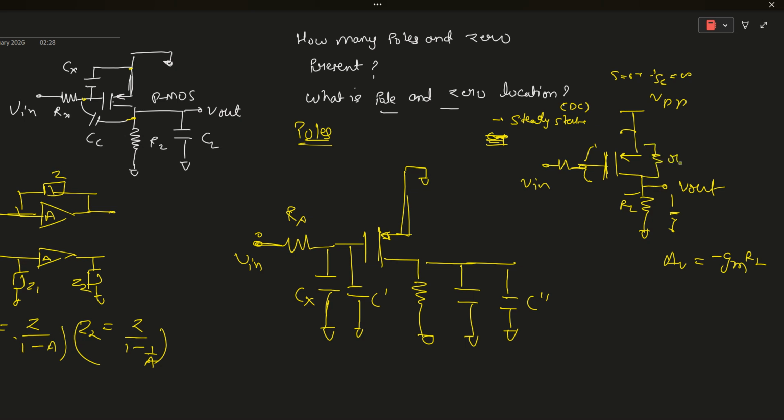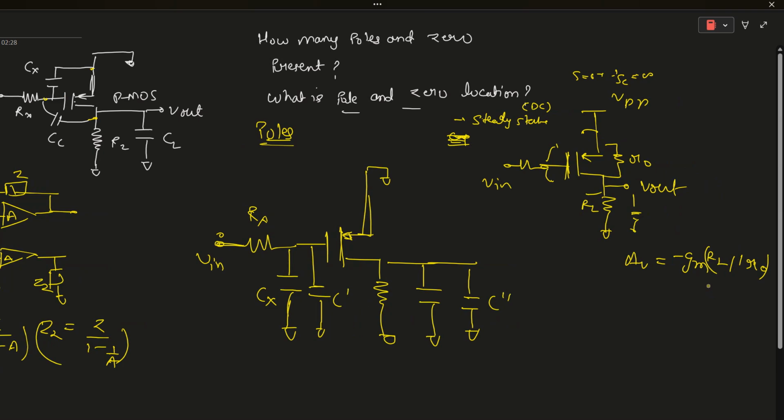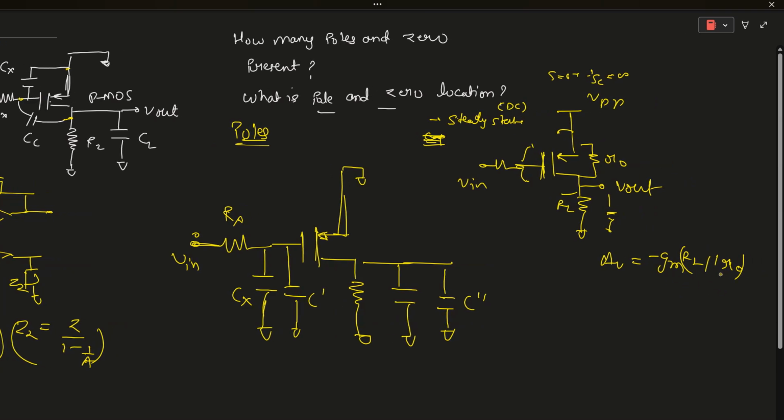If we consider channel length modulation, there is R naught, the output impedance of the MOSFET, so it is RL parallel R naught. For simplicity, I am not considering R naught here and neglecting channel length modulation. So it is minus GM RL, and this is our DC gain.